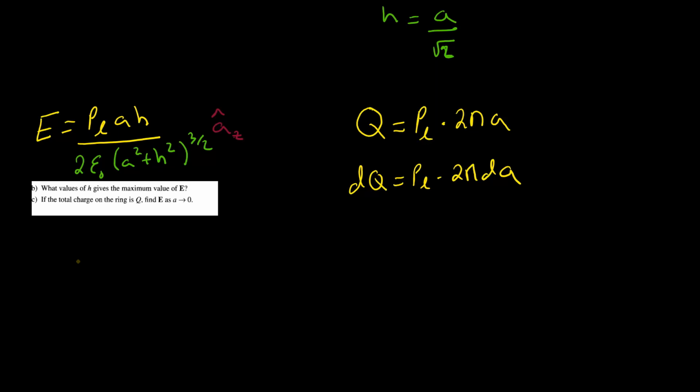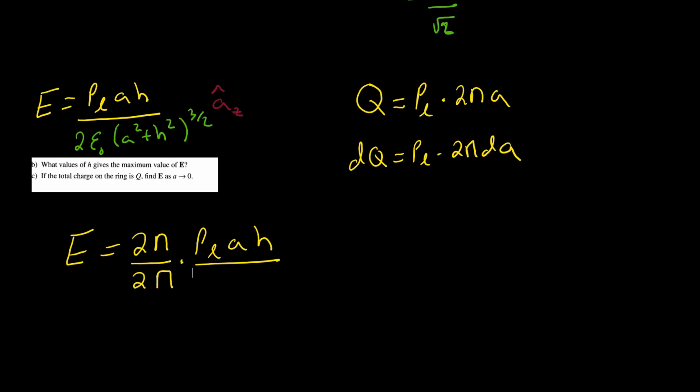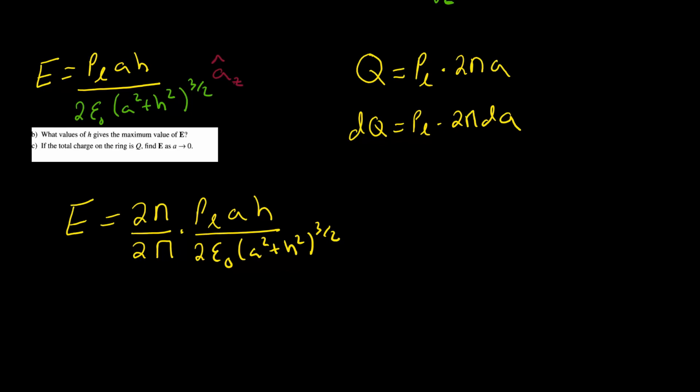So we could also say that E is equal to 2 pi over 2 pi times rho L a h over 2 epsilon naught times a squared plus h squared to the 3/2, right? Because I multiply the top and bottom by something.